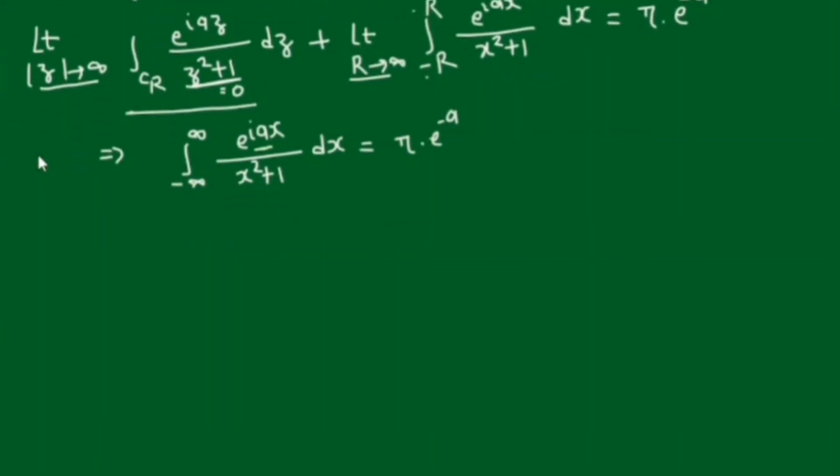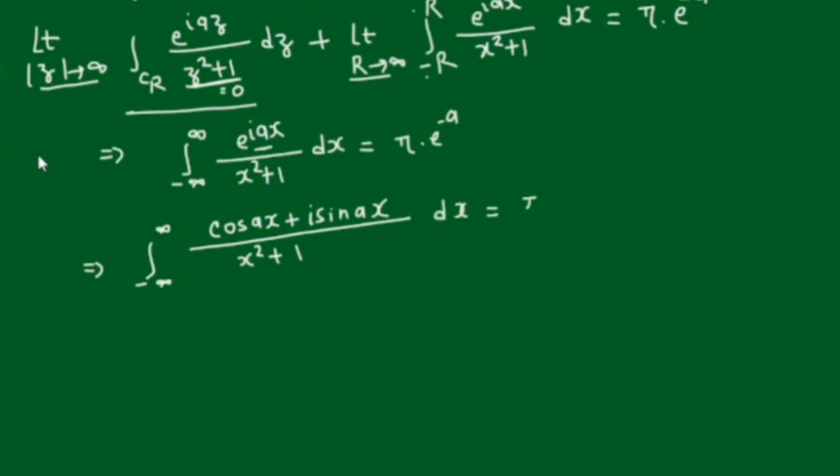Now this term e to the power iota ax can be written in terms of sine and cos. So we'll get integral from minus infinite to plus infinite (cos ax plus iota sine ax) divided by x square plus 1 dx is equal to pi into e to the power minus a.